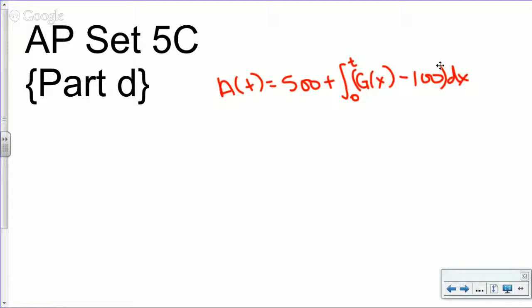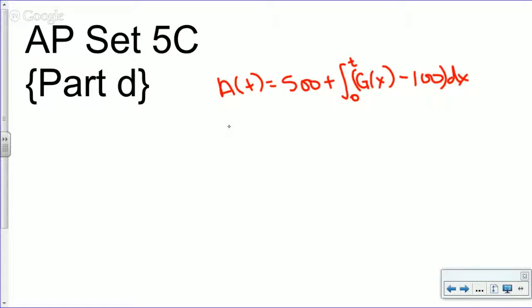Okay, so this gives me the amount at the plant at any time. So I started with 500, and then my change is going to be my in minus out. So it's coming in at a rate of g of x, going out at a rate of 100. So if I want to maximize this function, couple steps: I take the derivative, set it equal to 0, right?